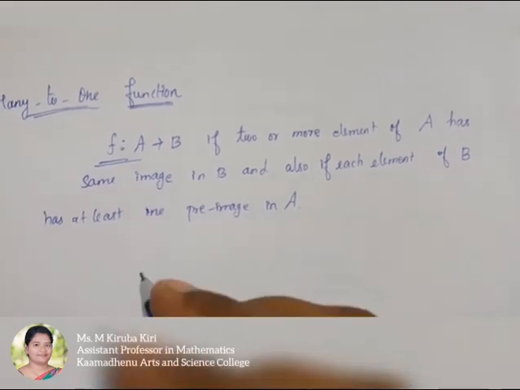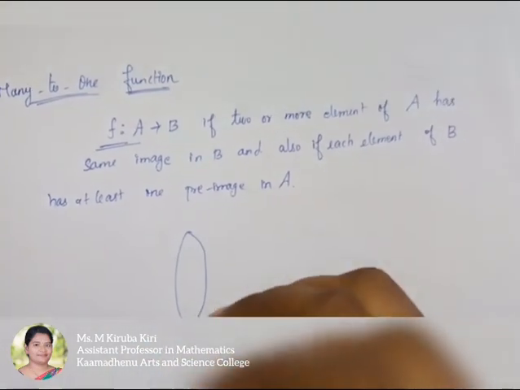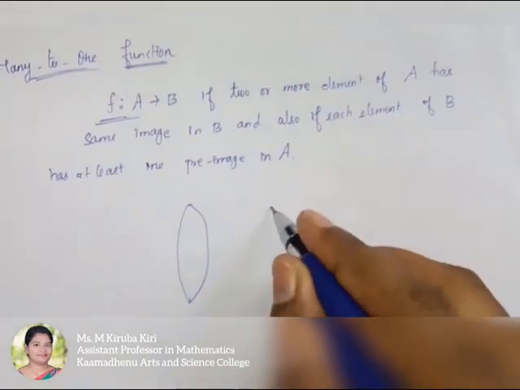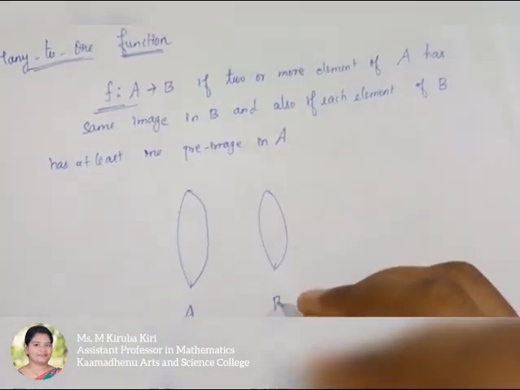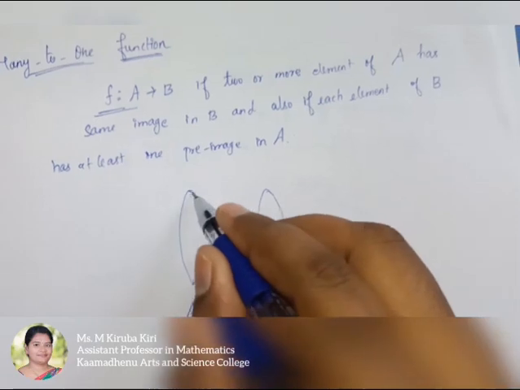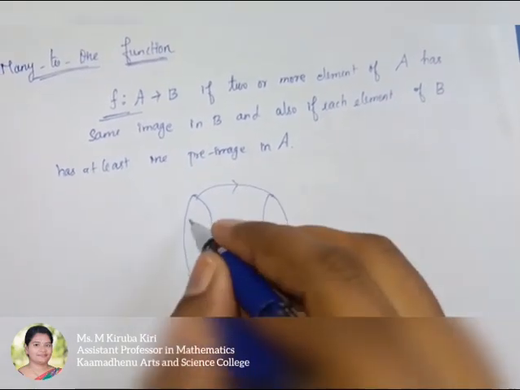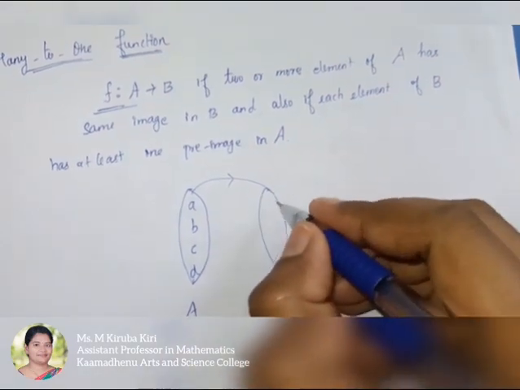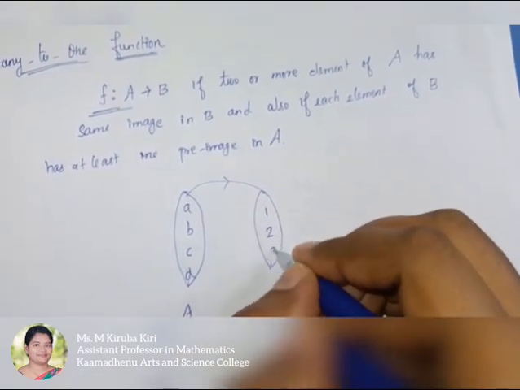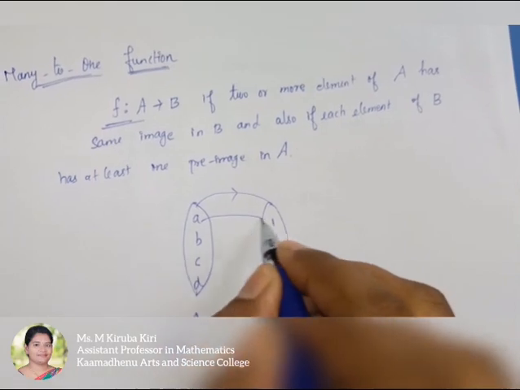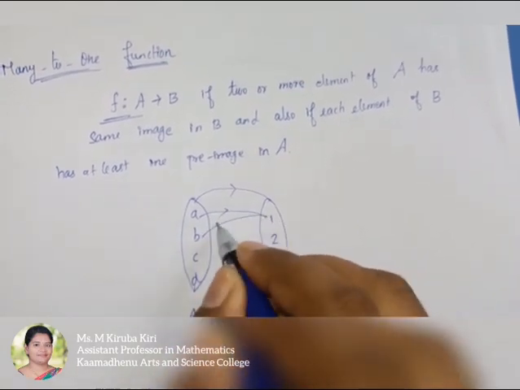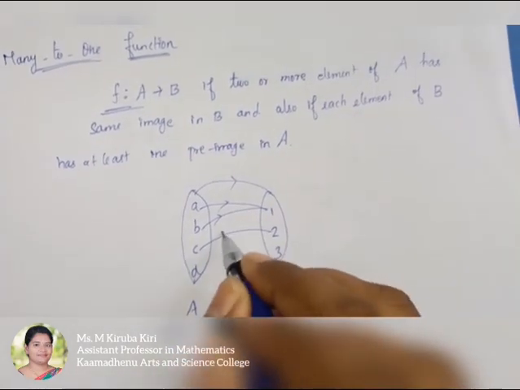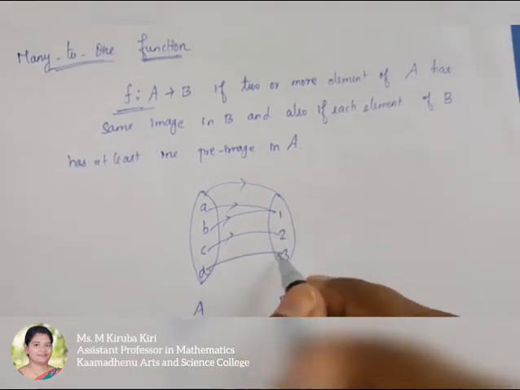For an example, f is mapping from A to B. It is set A and it is set B. A consists of the elements a, b, c, d, and B consists of the elements 1, 2, 3. And a is related to 1. b is also related to 1. c is related to 2. d is related to 3.